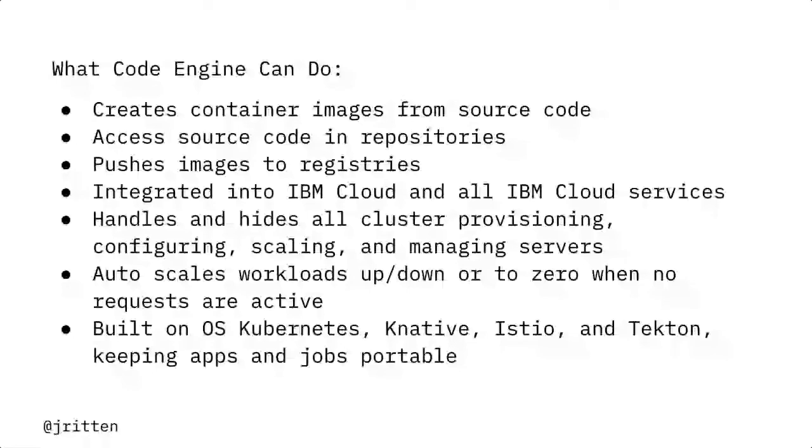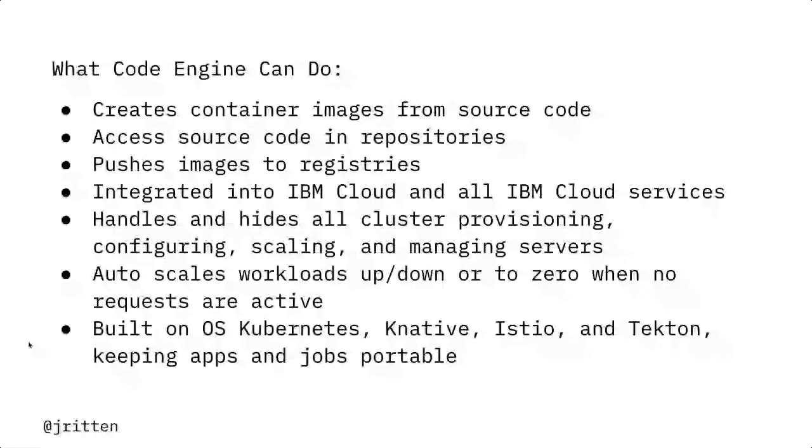Code Engine handles and hides all cluster provisioning, so you're not configuring, scaling, and managing servers. It's going to auto scale your workloads up and down, even to 0 when no requests are active, so you're not paying for a stale application, right? It's only going to provision an instance when it's receiving requests, so that you're not getting charged when it's not receiving and responding to requests.